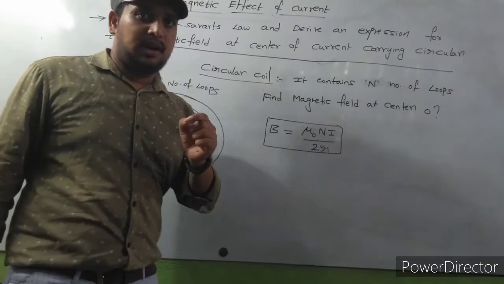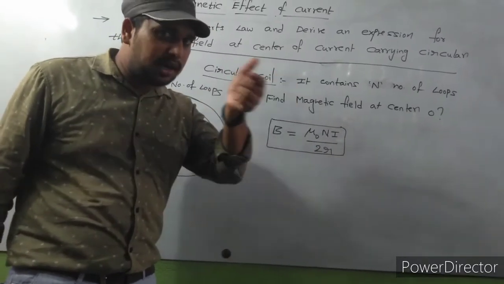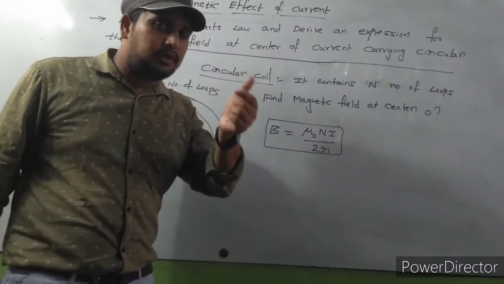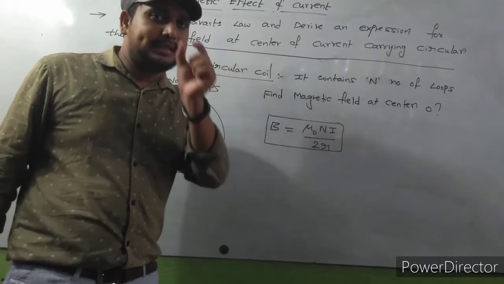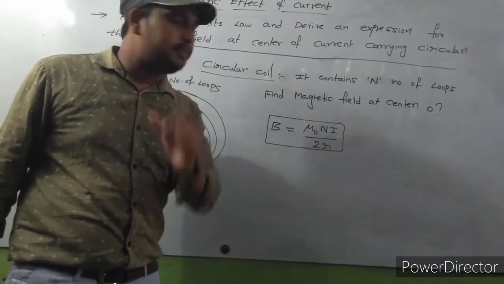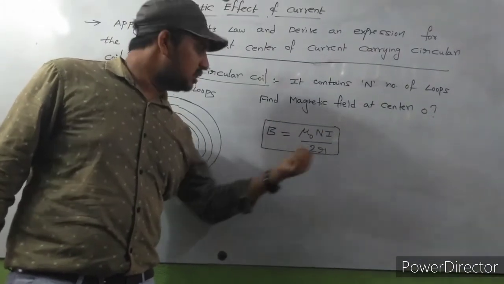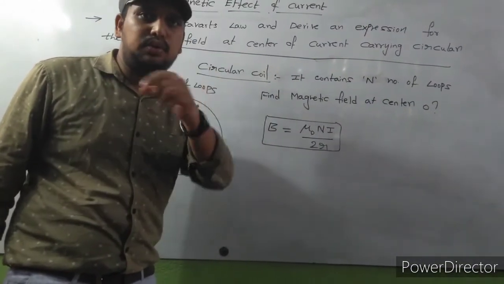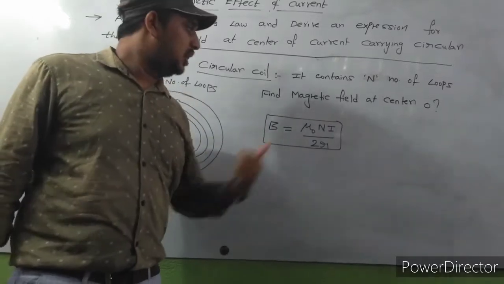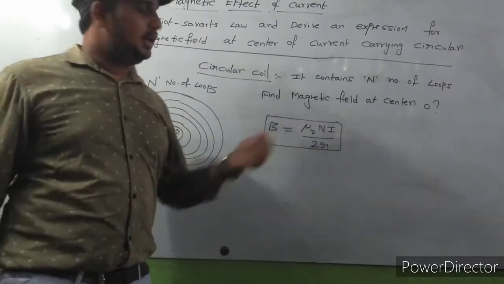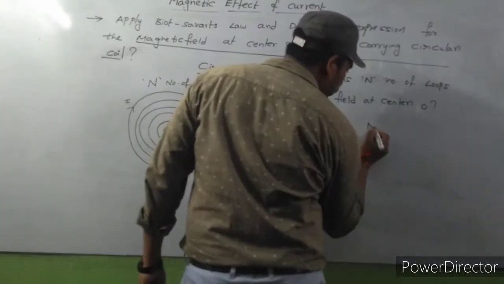What is the difference between the previous formula and this formula? In the previous formula, the magnetic field at center of a single loop is mu naught I by 2R. For this formula, the magnetic field due to N number of loops is mu naught N I by 2R. Here N means number of loops.